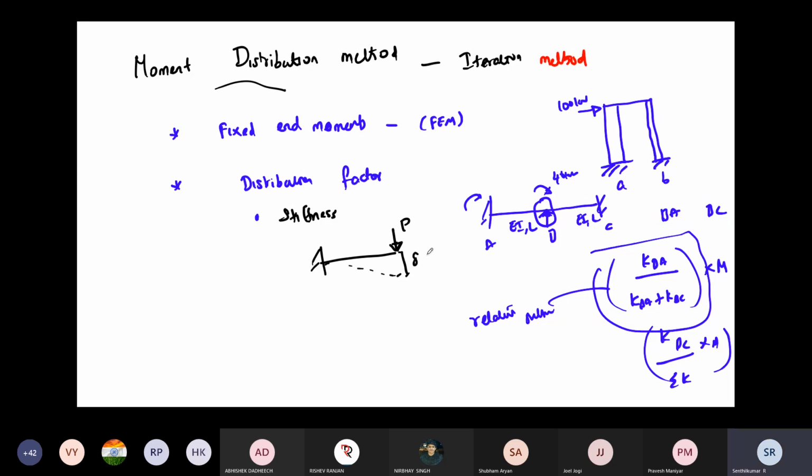What is the displacement delta? It is PL cube by 3EI. Everyone knows that, right? If I apply some P, this much displacement is coming. If I want to create unit displacement, how much force is required?